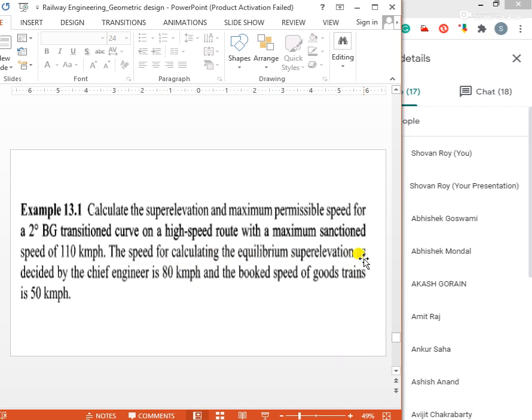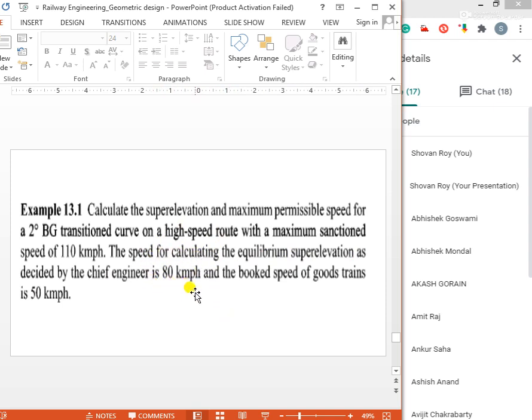This is the equilibrium speed, the speed for calculating equilibrium super elevation as decided by the chief engineer, 80 km per hour.